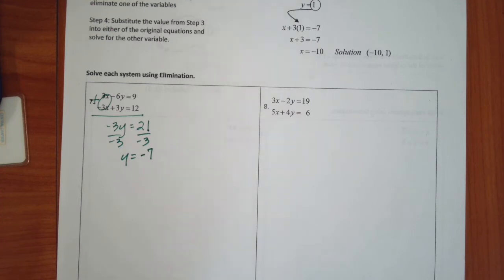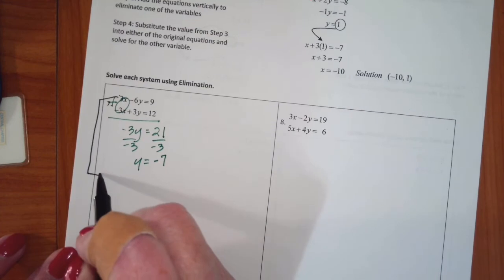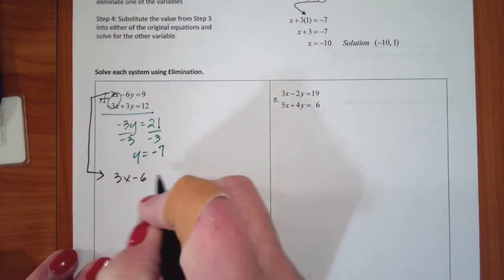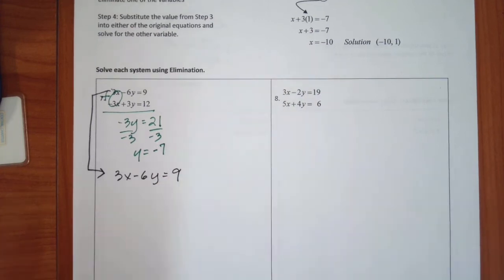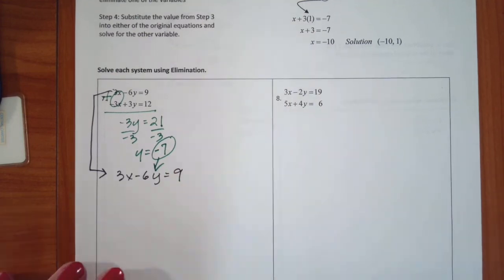Then I'll pick an equation. It doesn't matter which one. I think I'll just choose this one. If I have 3x minus 6y is equal to 9, well, I know what y is, so I can plug that in here.